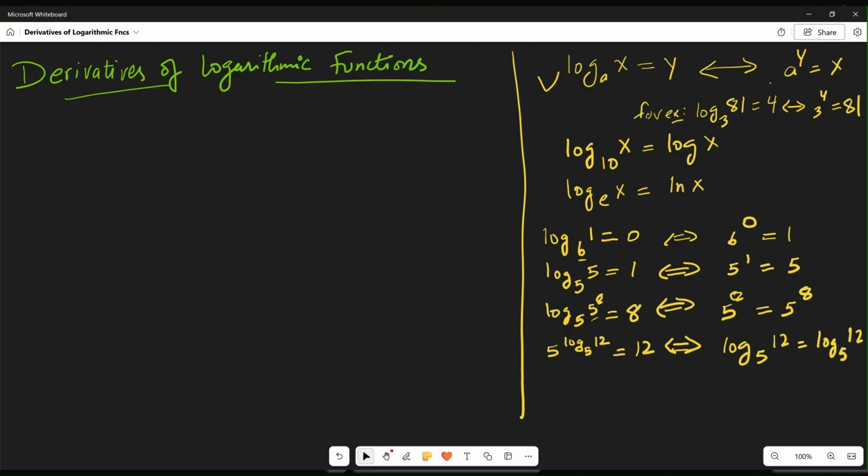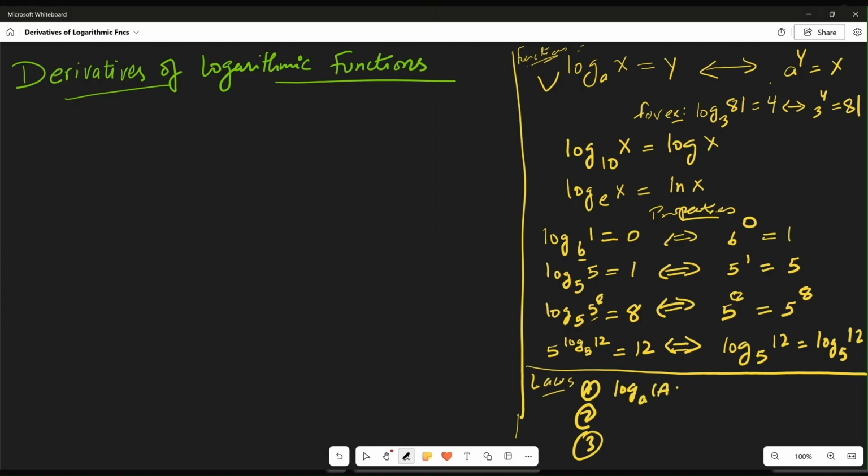And we have these laws. These are the functions and some properties, and here are the laws. You know that we have three laws. Log with any base a of a times b is merely equal to log a plus log b.